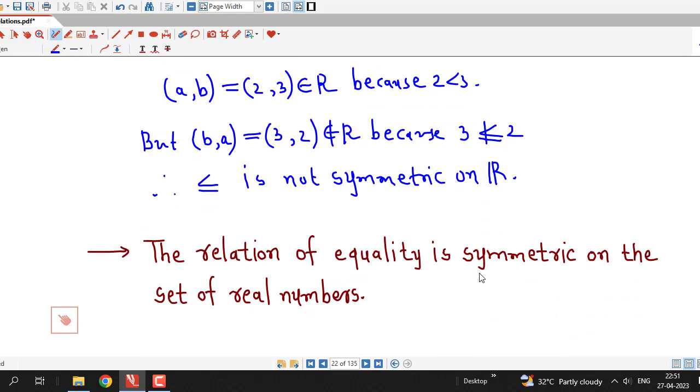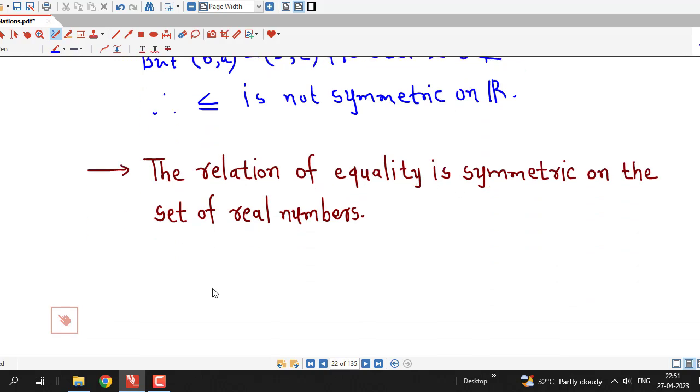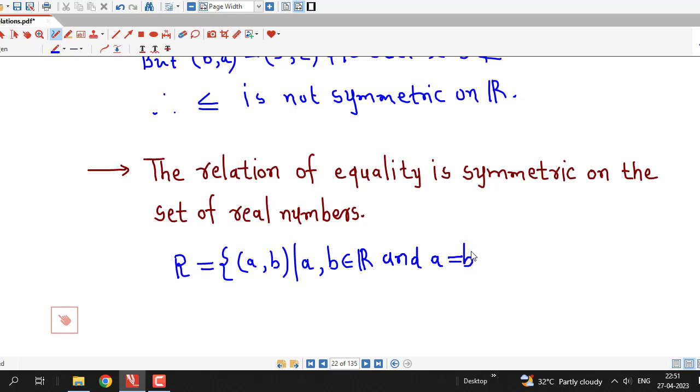The relation of equality is symmetric on the set of real numbers. We are familiar with the relation of equality also. We have to consider all ordered pairs (a, b) such that a and b are real numbers and a equal to b.